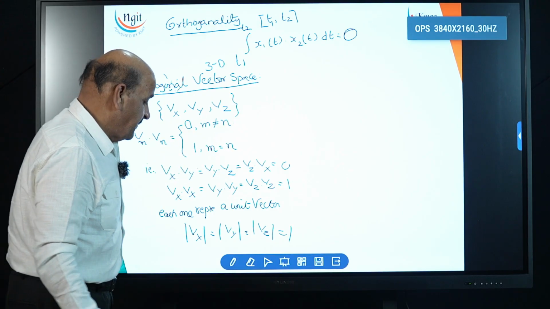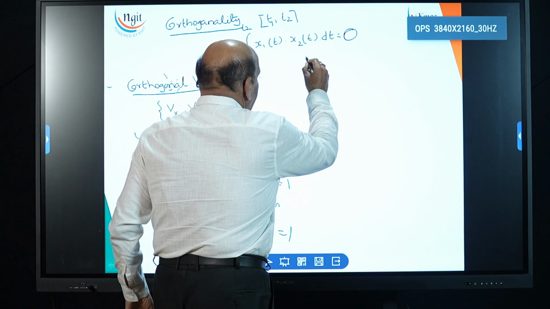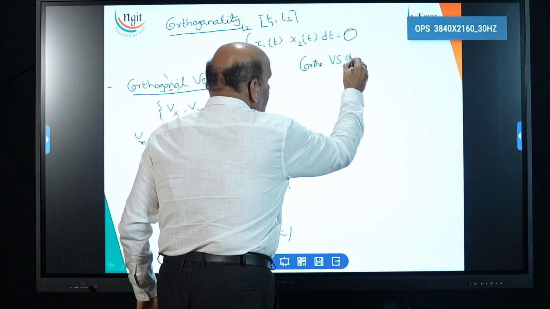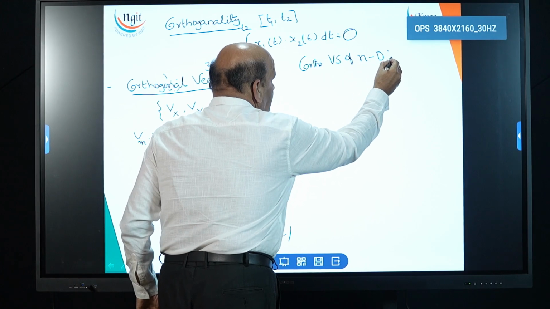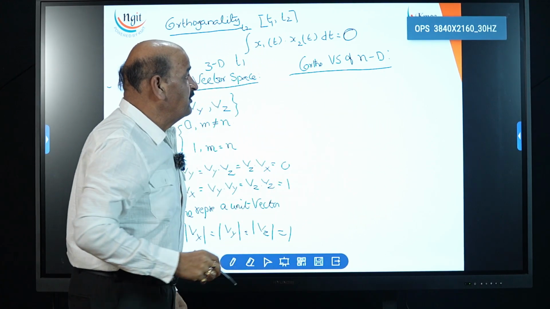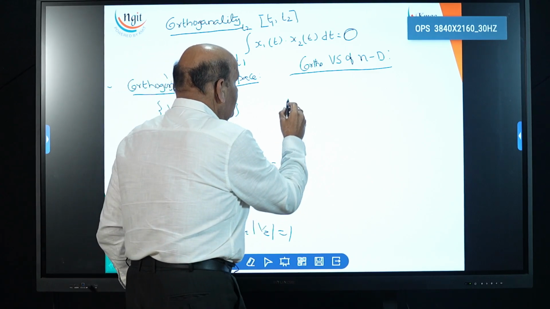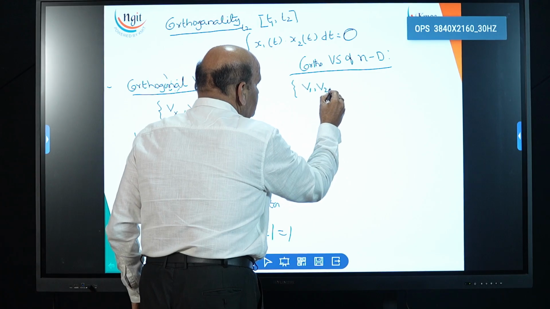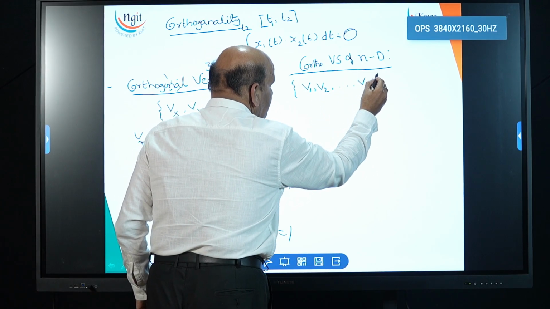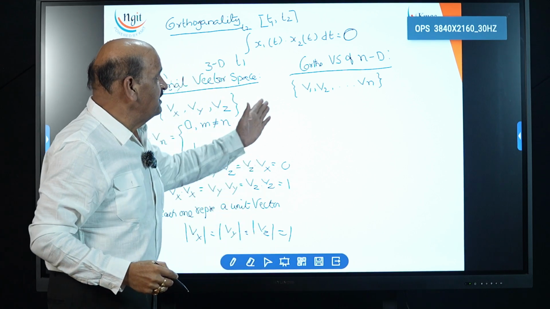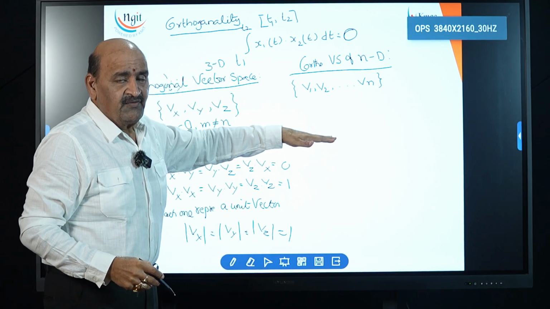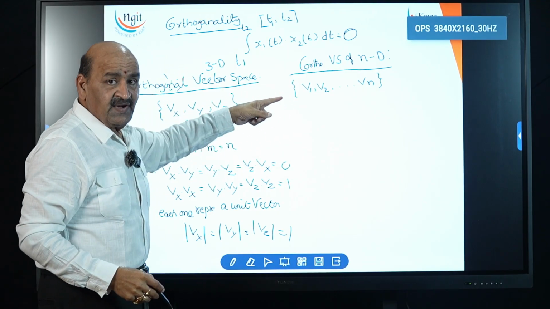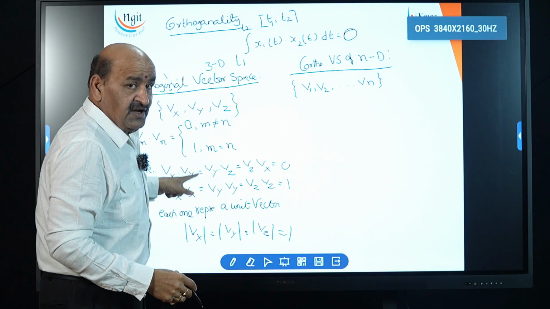Now let us consider an orthogonal vector space of n dimensions. In that case, let us consider the vectors v1, v2, etc., vn. All these are orthogonal vectors. Orthogonal property means all these vectors have to satisfy these conditions.